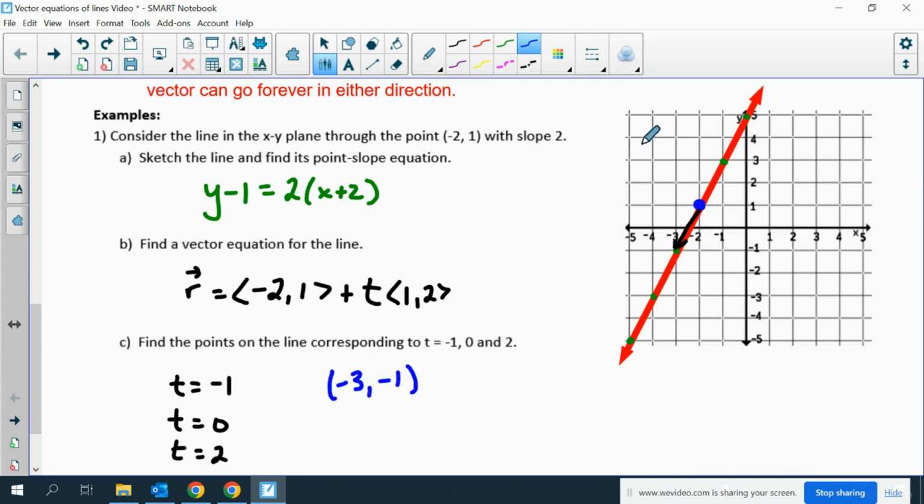T equals 0, it takes you nowhere. So that would put you at (-2, 1). And if t equals 2, that's going to be a direction vector twice as long as (1, 2). So that would be a vector of (2, 4). That gets you to (0, 5).